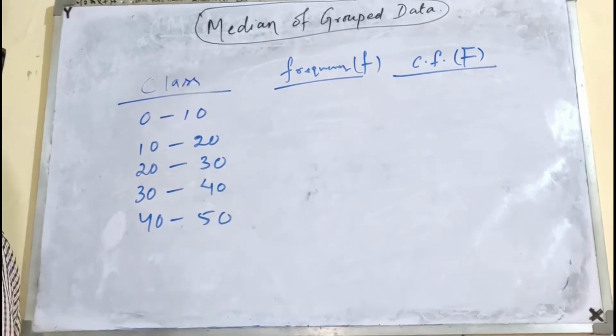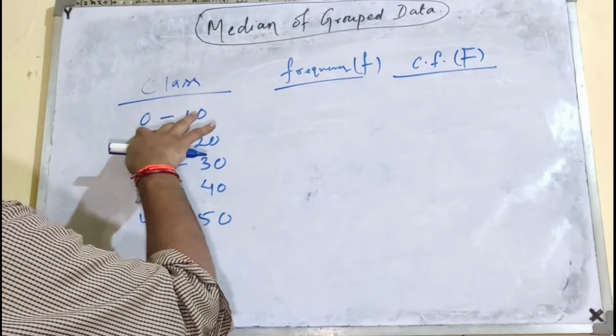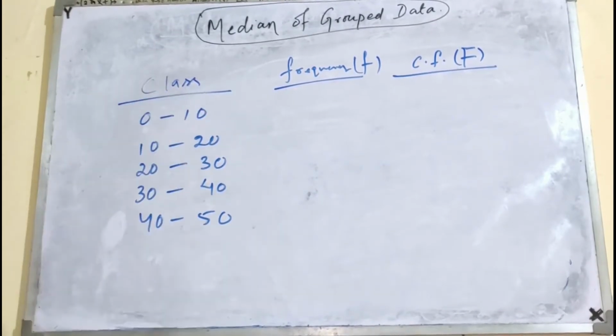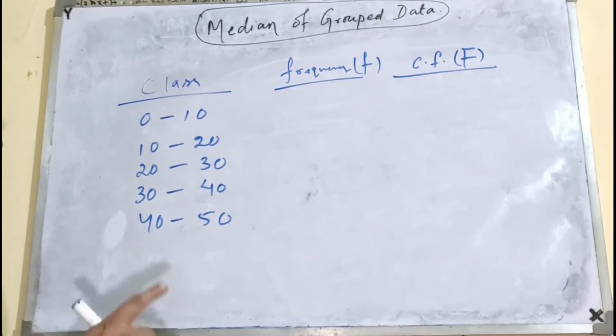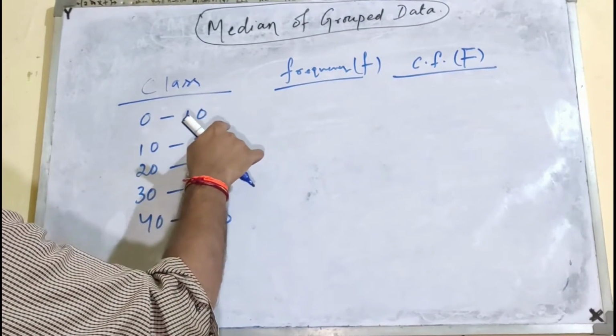Now, one thing you need to understand here is that anyone who has a mark between 0 to 10 would be put in this class. What happens if he has exactly 10 marks out of 50? Would he be taken in this class or would he be taken in this class?